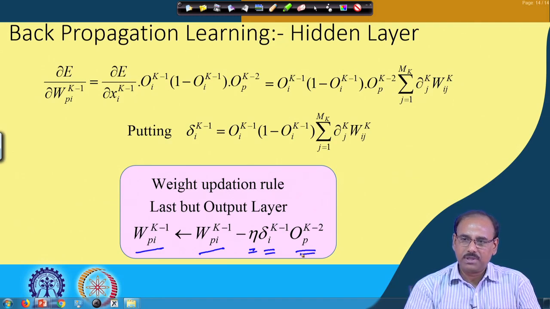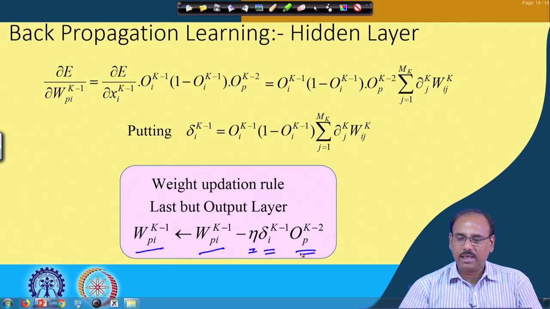This was the weight updation rule between the output layer and the layer before the output layer.